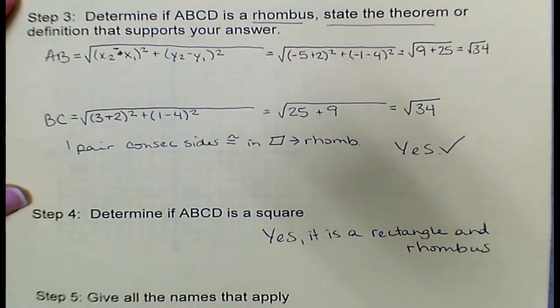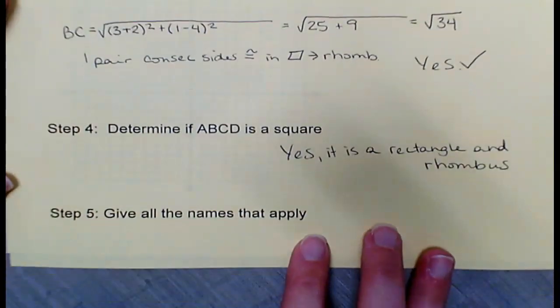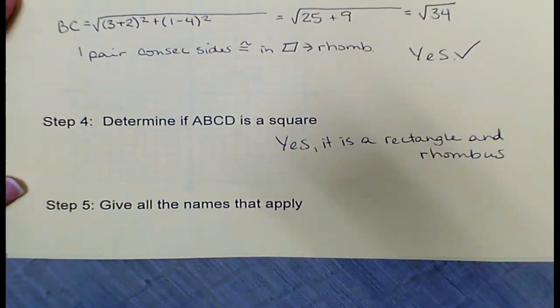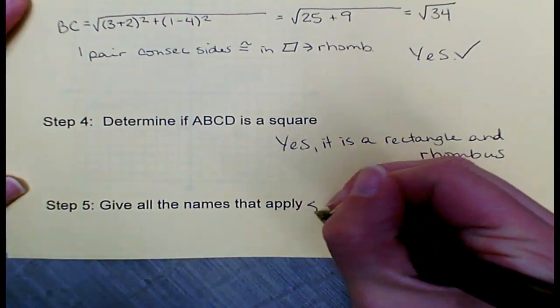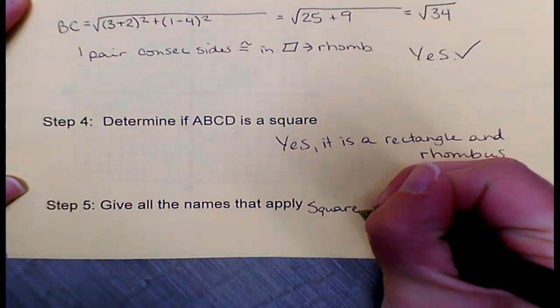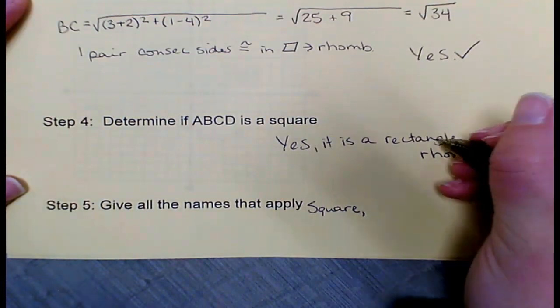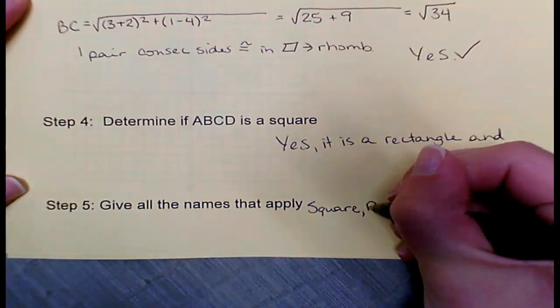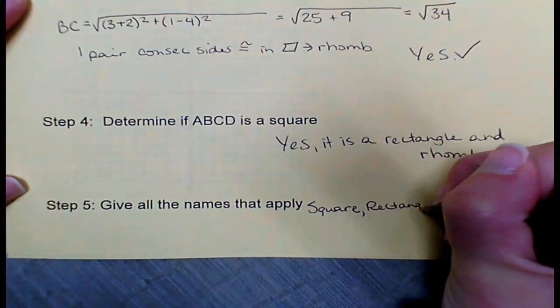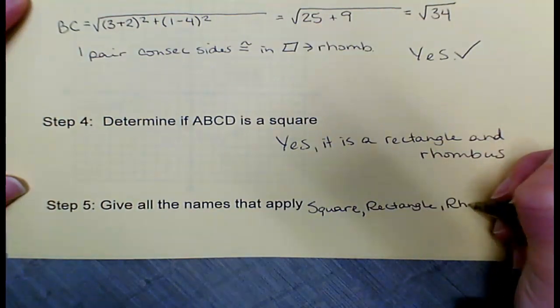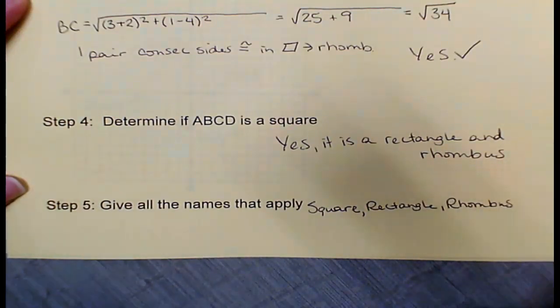So now I have to give all the names that apply. So yes, it's a square. That's the most specific one. It's a rectangle, it's a rhombus. So those are all the special parallelograms that we talked about.